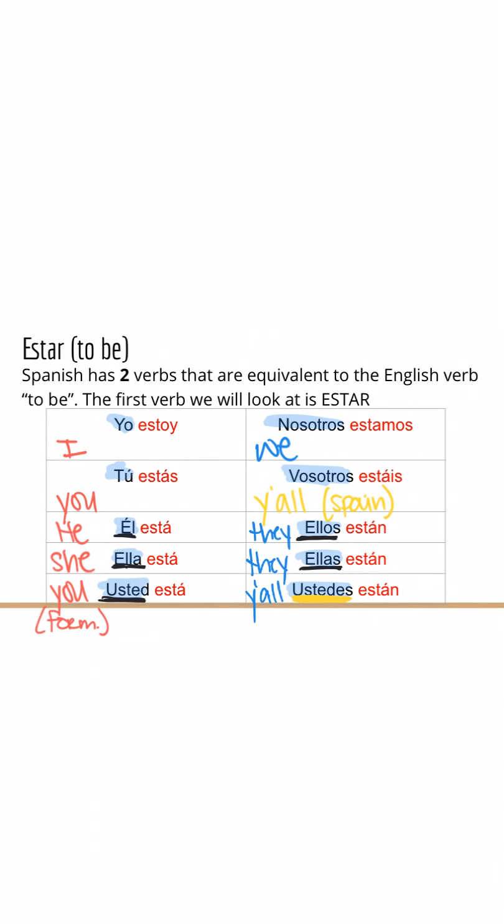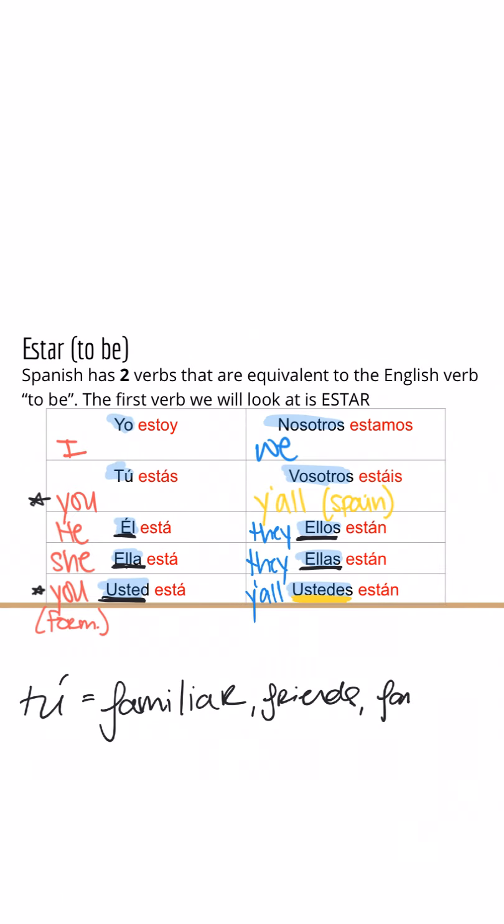So what's the difference between this you and this you? Well, tú is familiar. This means you would use this when talking to friends or family. People that you know pretty well. Usted is for my formal conversations.